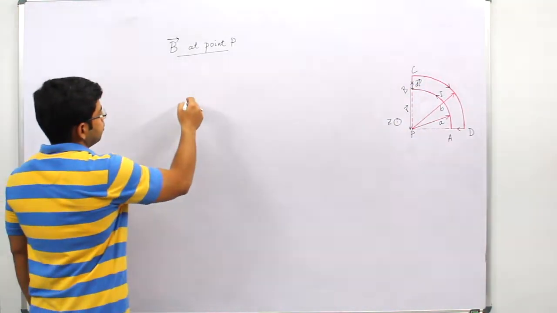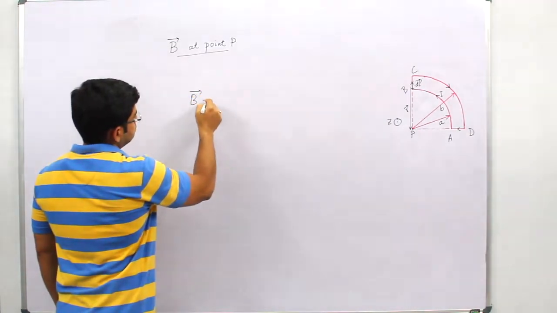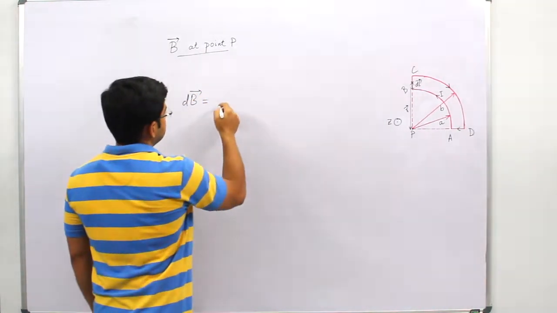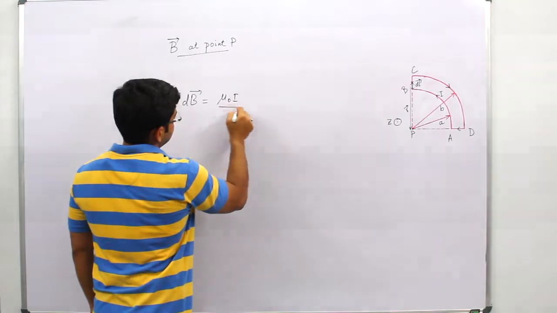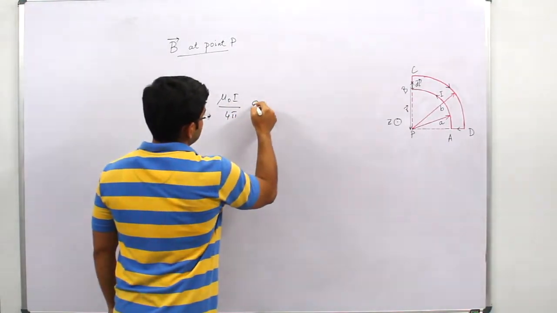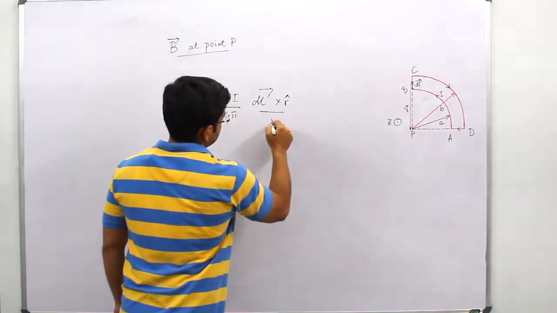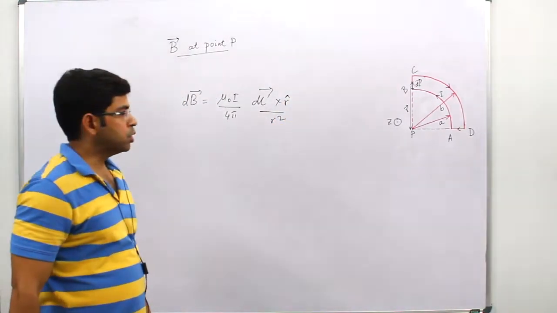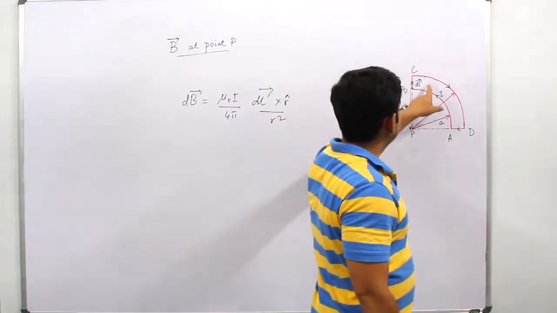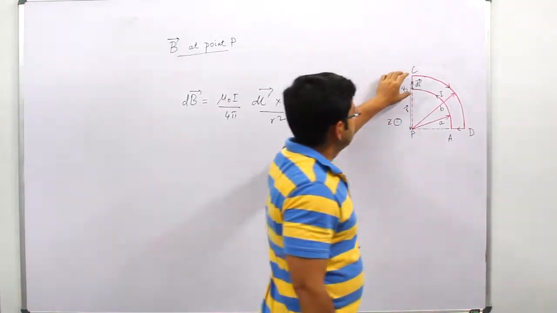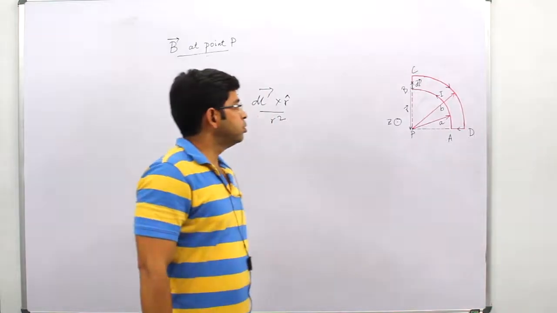So we have again the Biot-Savart law. Here first let us consider a length element dl prime on this conductor BC.